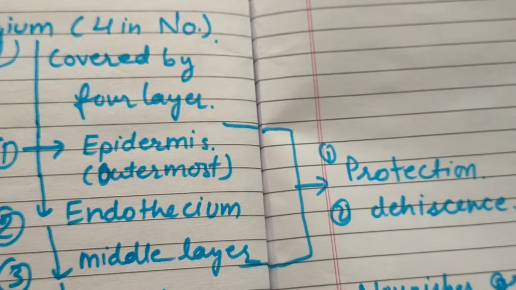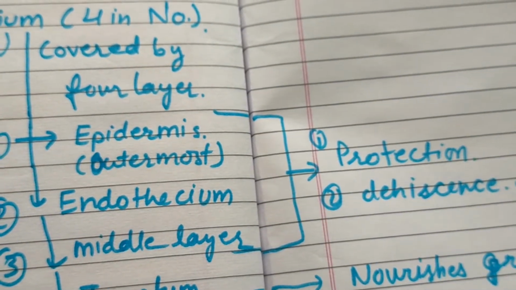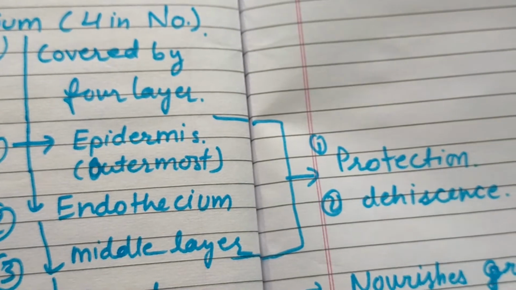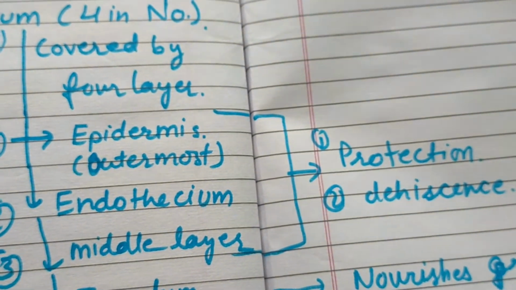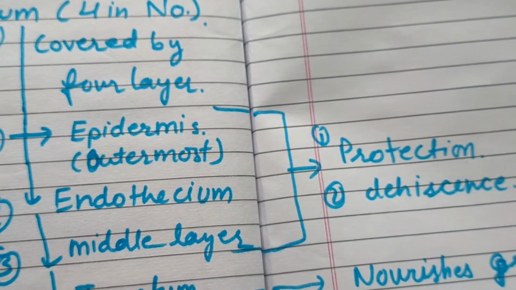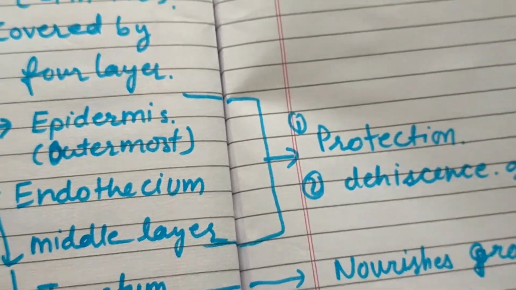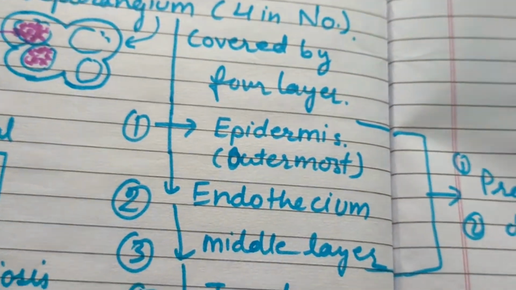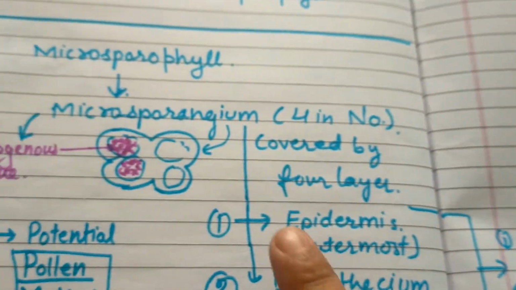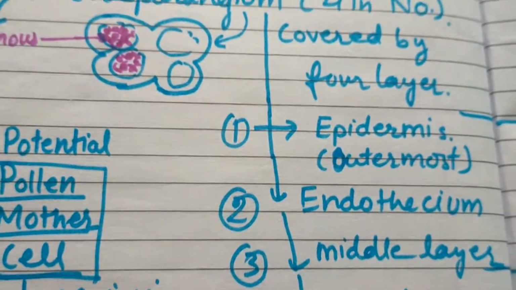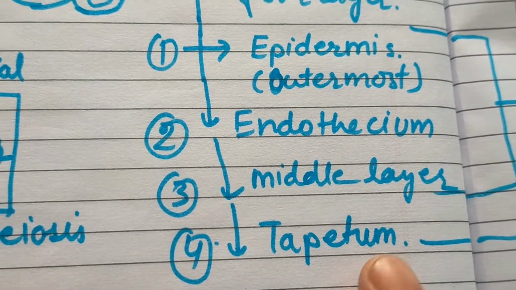These layers help in protection, and when your anther matures, dehiscence occurs, meaning rupturing of the layer, and then pollen grains are released. So these are the two functions of these layers.